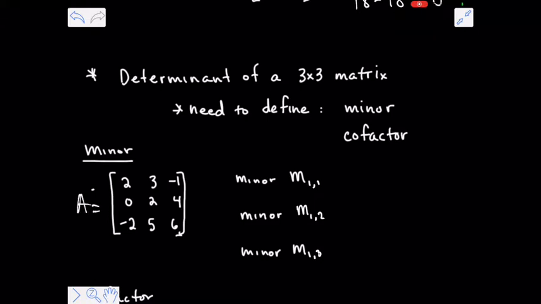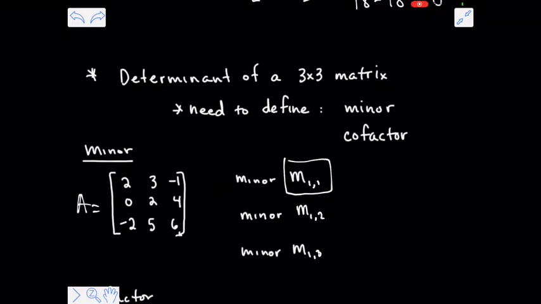Let's say this is matrix A. A minor matrix is going to be denoted by a capital M, and then it has two numbers here that represent a row and a column. So if I'm talking about M 1, comma 1, that means row 1, column 1.